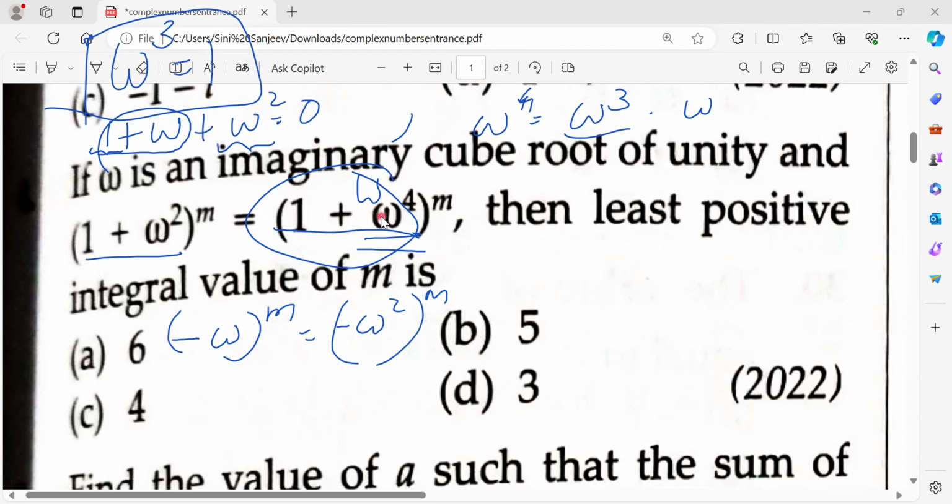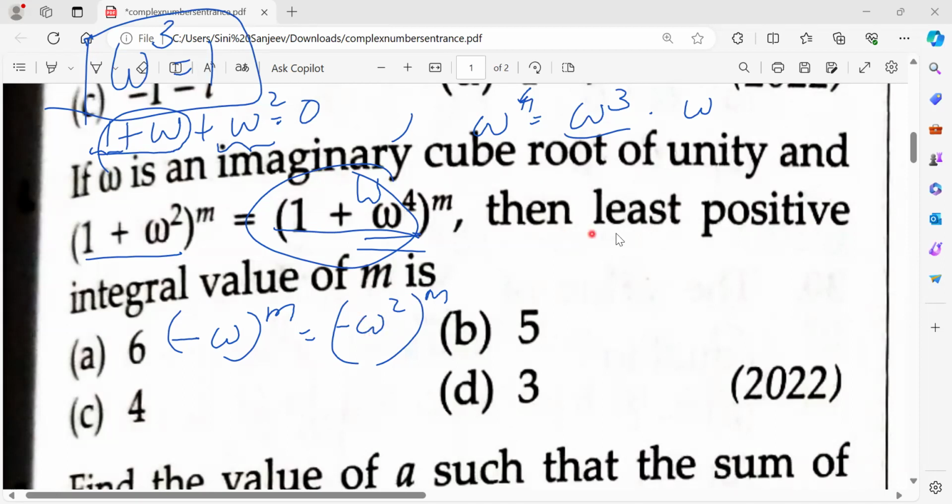And instead of omega power 4, I am writing it as omega cube into omega. What is omega cube value? 1. First itself I wrote. Clear up to this? So what is 1 plus omega from the above equation? 1 plus omega is equal to minus omega square. That's what I wrote. Is it clear, Ali, now? I hope it should be.